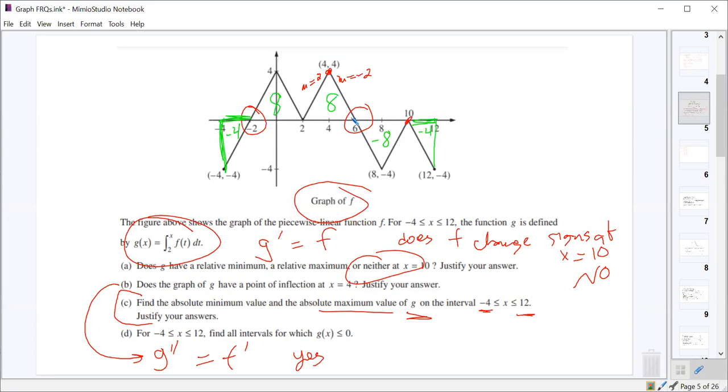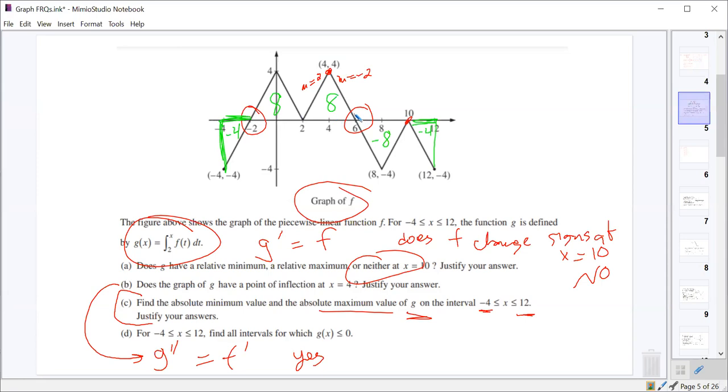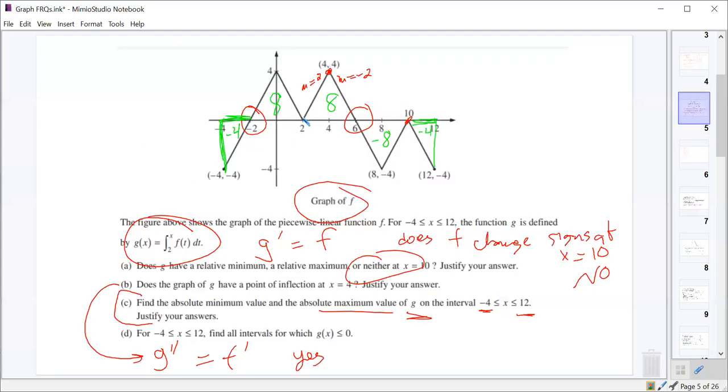So at 6, what's the integral from 2 to 6? 8. So g of 6 is 8. What about from 2 to 12? To find the value at 12, that's 8 minus 8, and then -4. So that one's going to be -4. Great. Then if you want -2, that's going to be an integral from 2 to -2 of f.